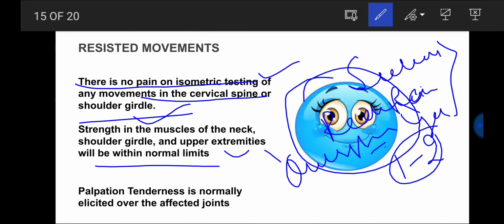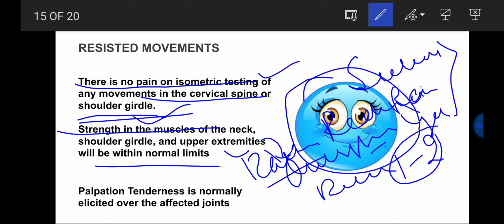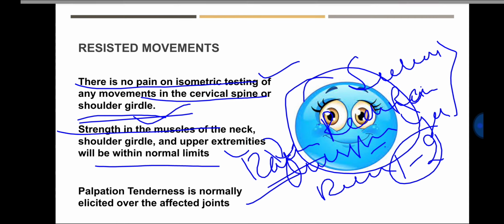But if the patient has recurrent trauma or recurrent pain in the facet joint, there is no strength problem. Palpation tenderness is normal, and for palpation there is a separate video on YouTube listed over the affected joints.